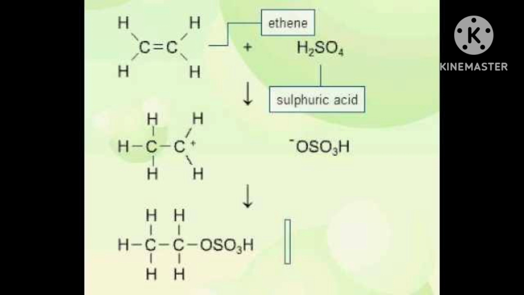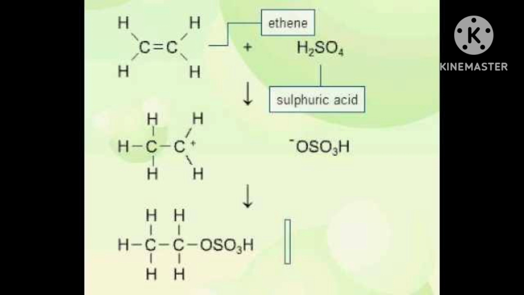But here the bond will be made between oxygen and carbon, don't forget that. Bond will be formed between oxygen and carbon. OSO3OH: OH is separate, you can keep OSO3 joined. Then this is called ethyl hydrogen sulfate.